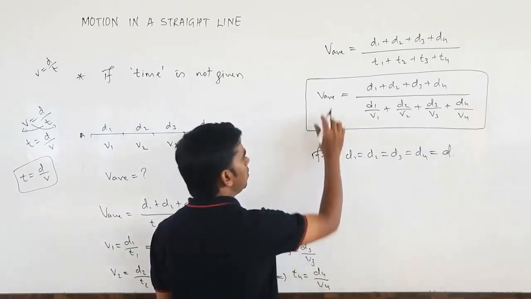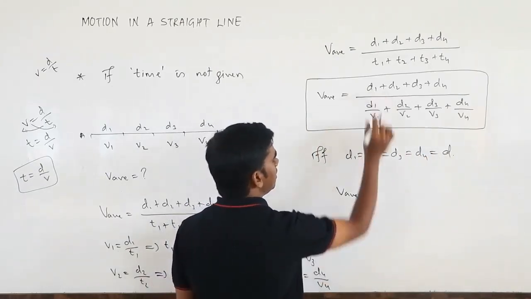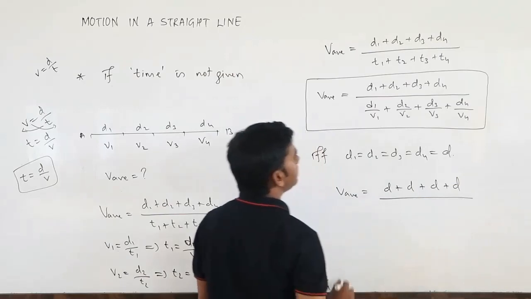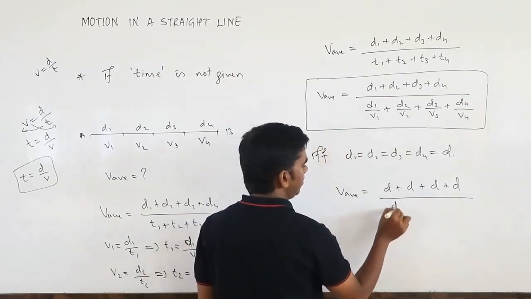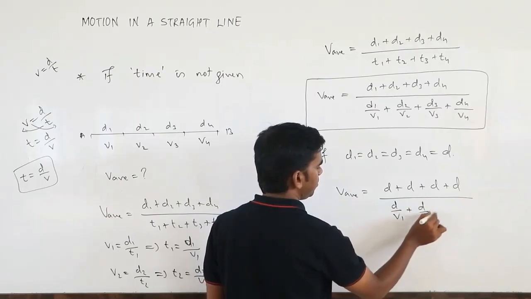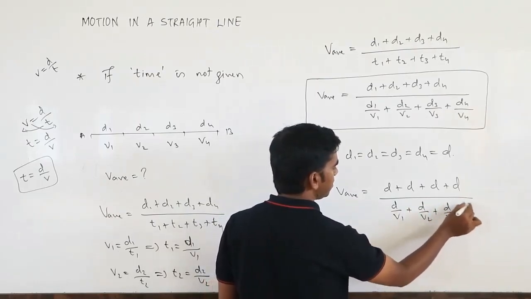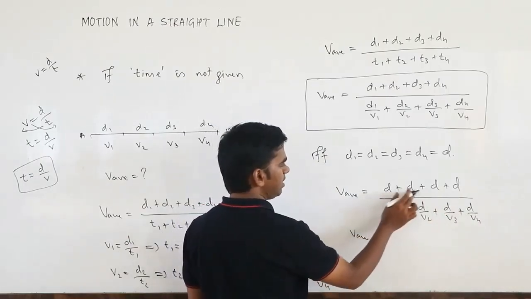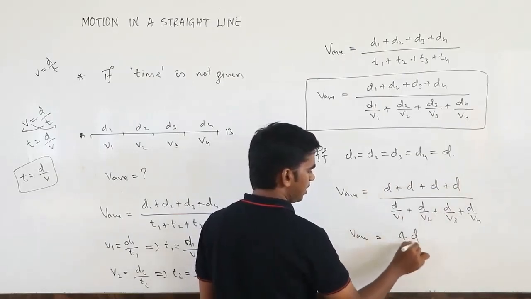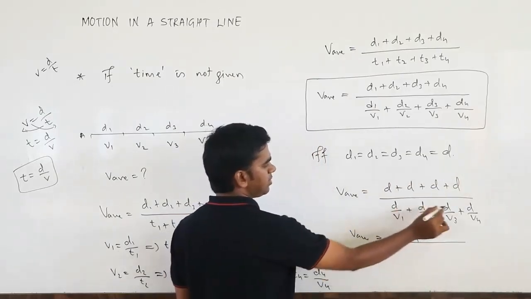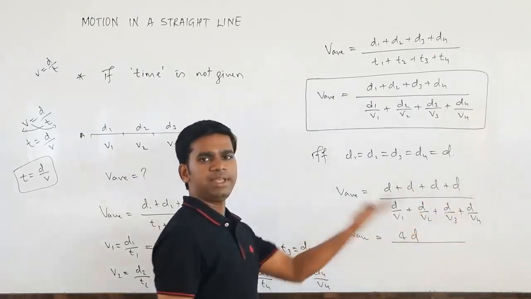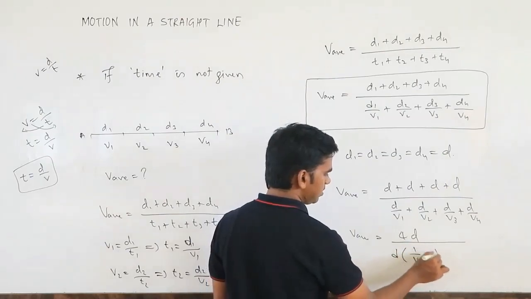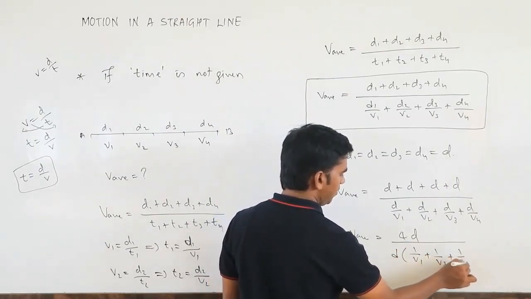So v average is equal to d plus d plus d plus d divided by d by v1 plus d by v2 plus d by v3 plus d by v4. That is 4d, whole divided by, here d is common. Can you take it outside? So take d out. What remains is 1 by v1 plus 1 by v2 plus 1 by v3 plus 1 by v4.